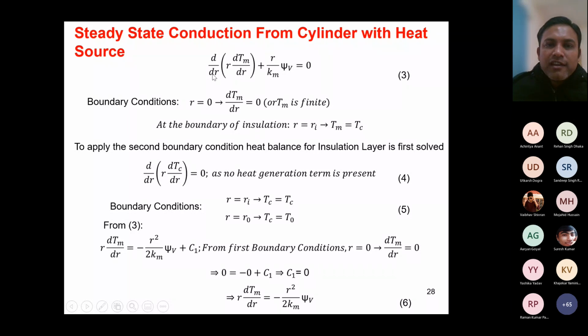We have integrated this equation with respect to R and obtained R dTm by dr as minus R square by 2 Km psi V plus C1. But this C1 is 0. So R dTm by dr is minus R square by 2 Km psi V. This R I can take to the right hand side, and what we get is dTm by dr as minus R by 2 Km psi V. Correct, Achintya? Yes, sir.